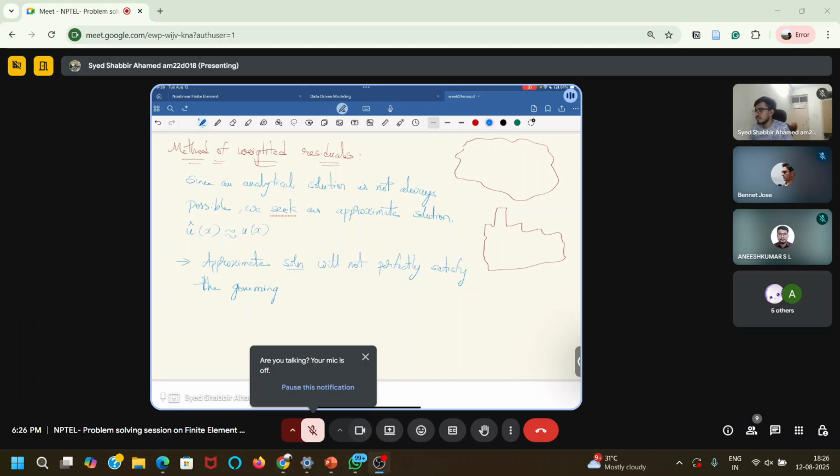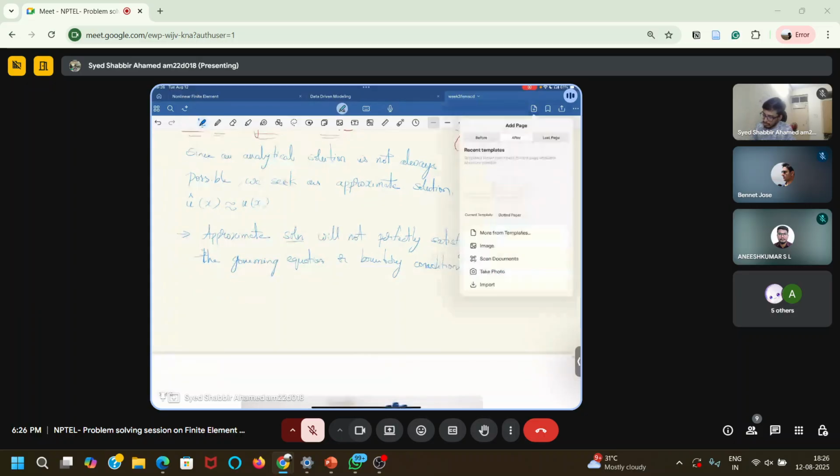It will approximately do it, but not perfectly. Or also the boundary conditions. Some boundary conditions it has to exactly satisfy, not all boundary conditions. We will see what are those.